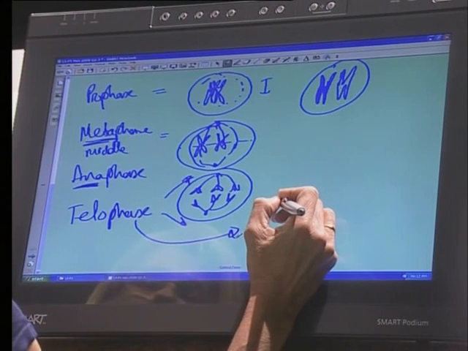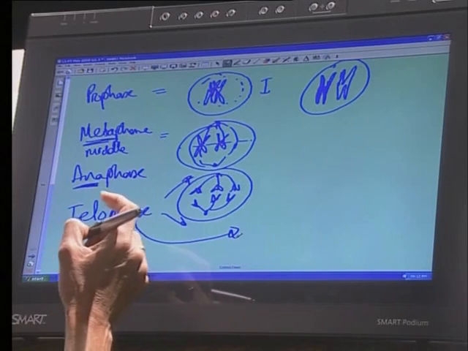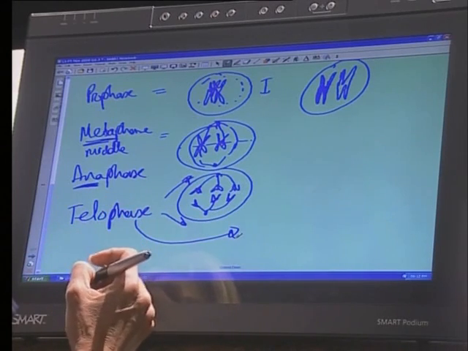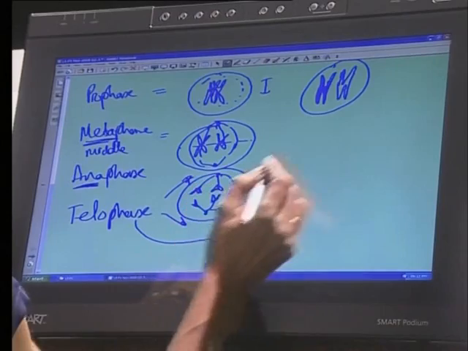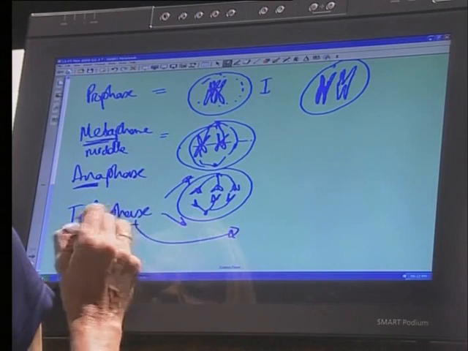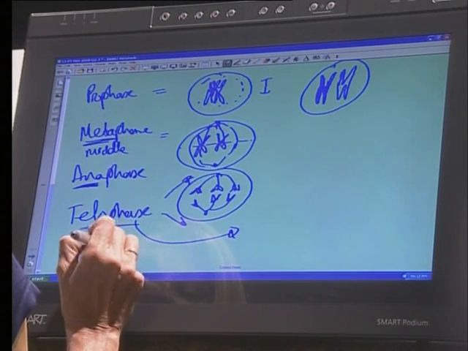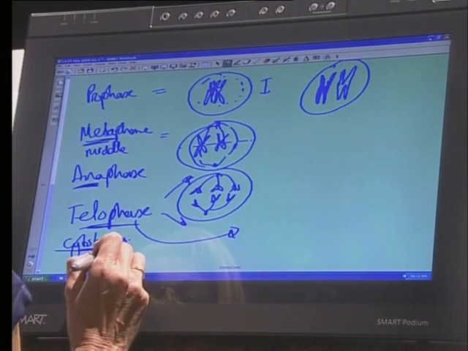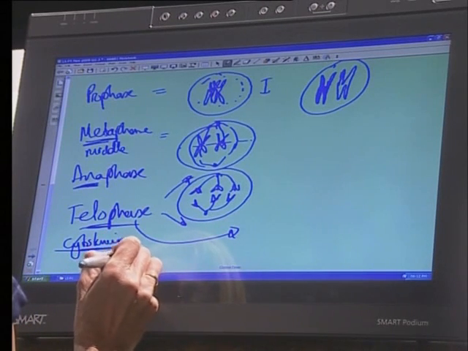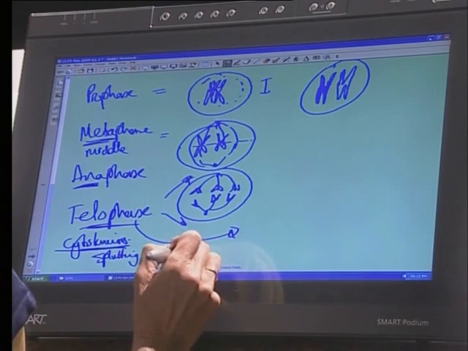Where does karyokinesis fall under this, and cytokinesis? You've got karyokinesis and cytokinesis. Cytokinesis is going to be during telophase. Cytokinesis is the splitting of the cytoplasm.